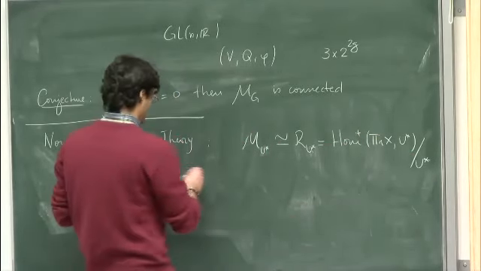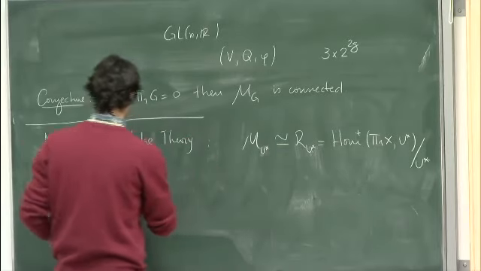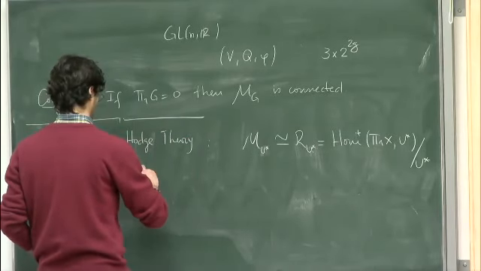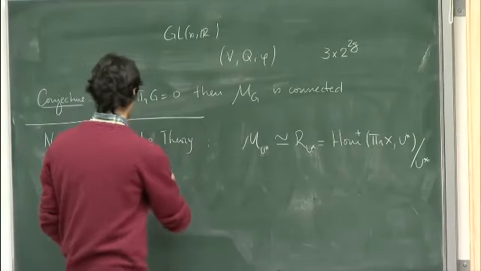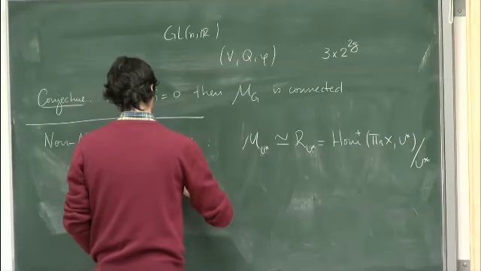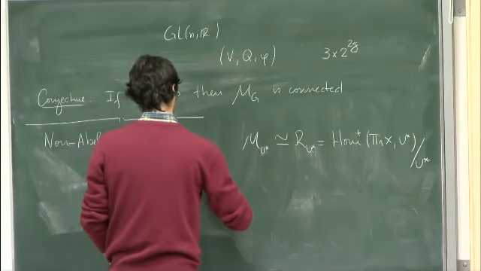And so what one concludes from that result is that the U star character variety is connected.